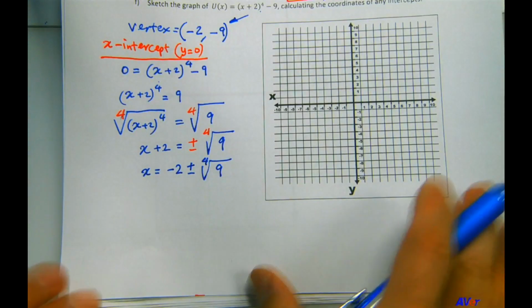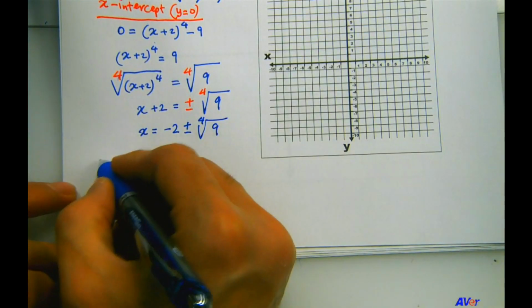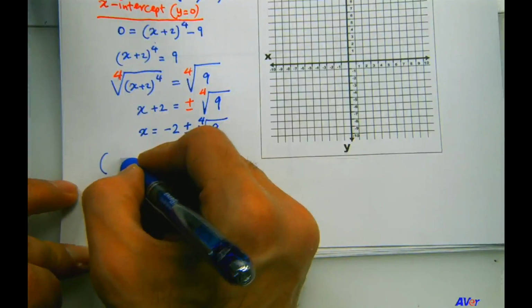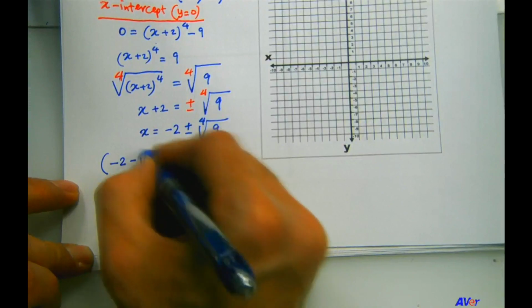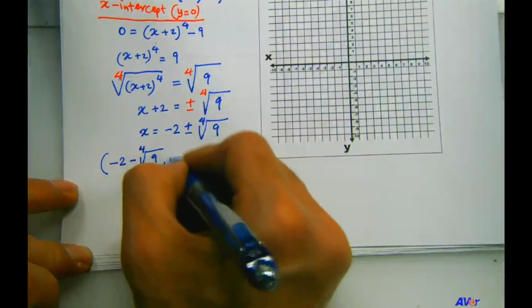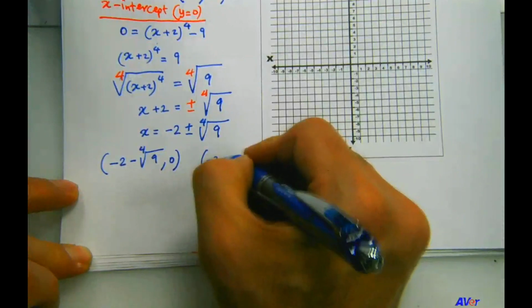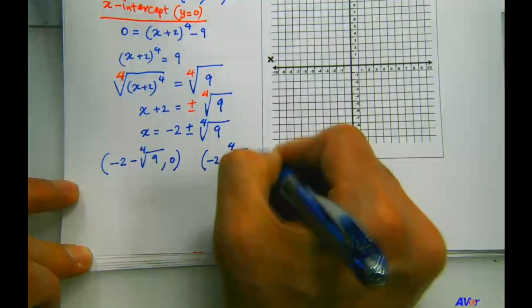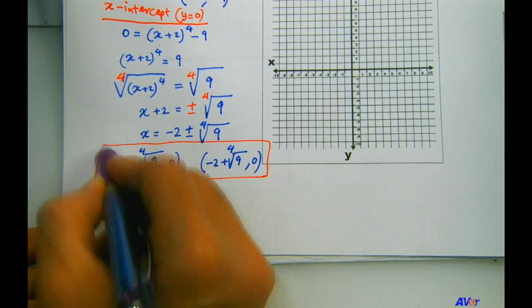So the x-intercepts are minus 2 minus fourth root of 9 comma 0 and minus 2 plus fourth root of 9 comma 0. These are the x-intercepts.